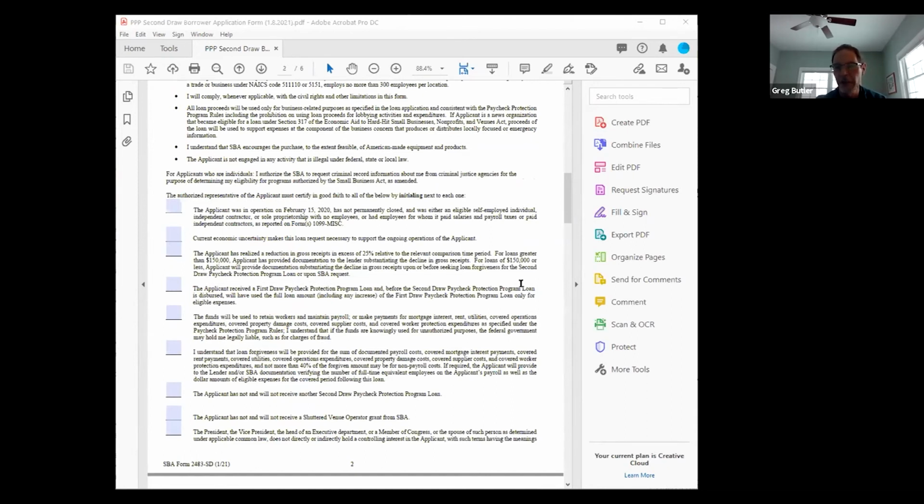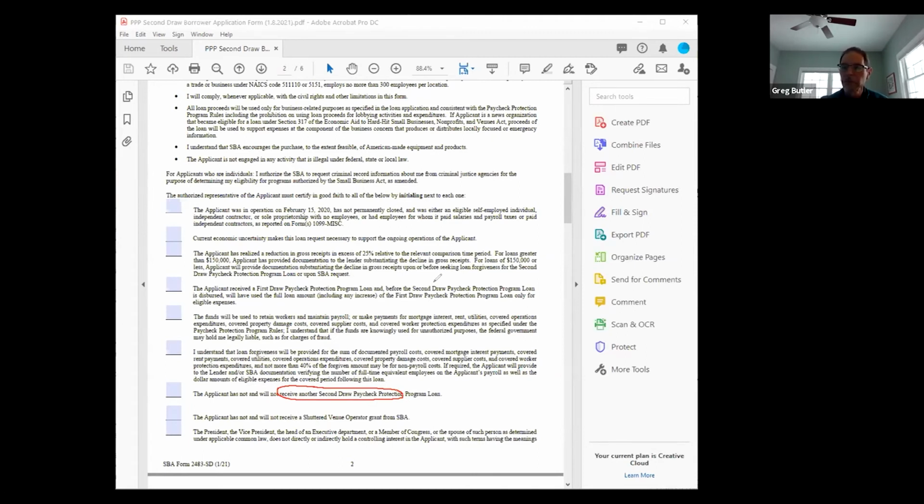And that's causing a little bit of problems for some borrowers because, of course, on round 1, you had to disclose who your affiliates were. But other than determining employees, you didn't have to do any other calculations. So again, if you have that, you want to spend some more time on that because it's a more complex calculation.